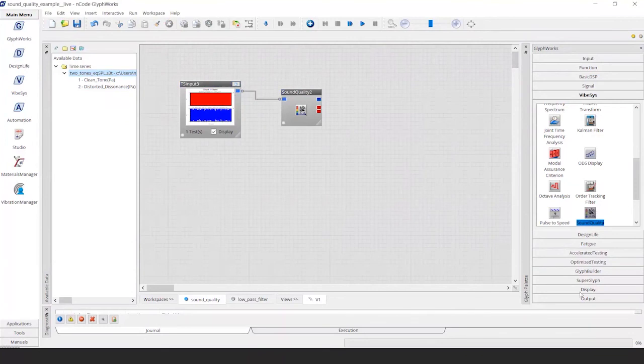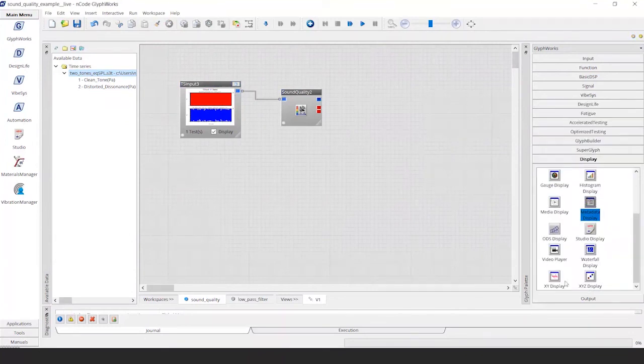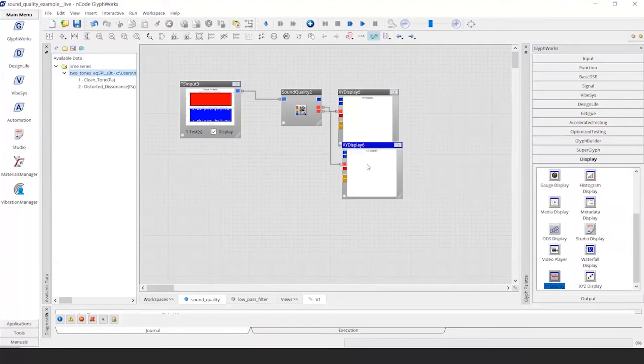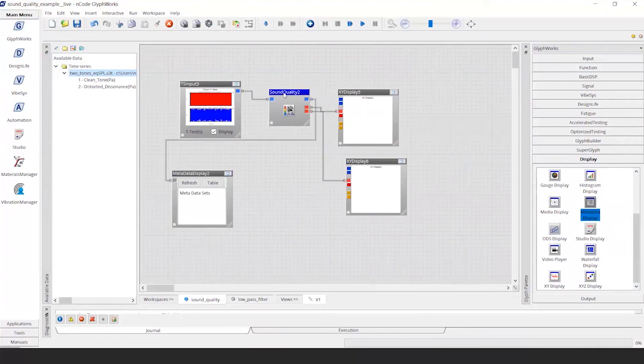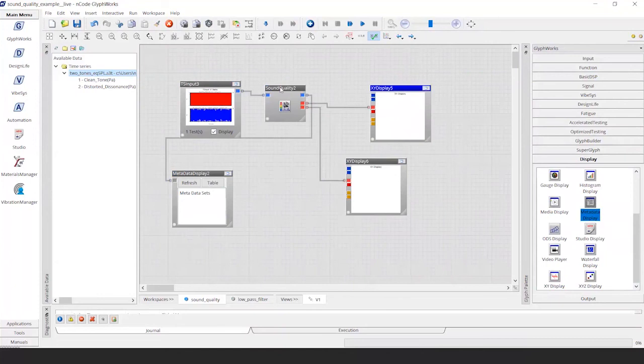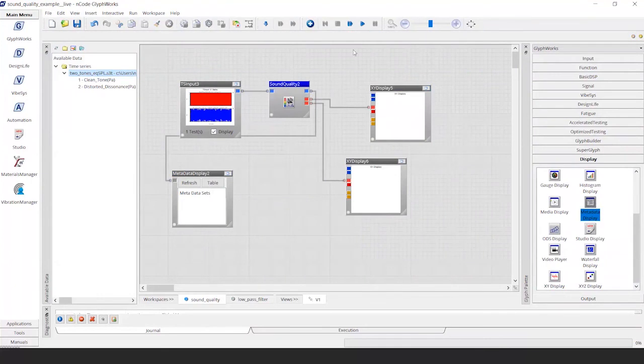We want to display them, so we bring a display glyph, and let's bring another one, that one on top here. And that's it. I've built up a process for analyzing my data with just a couple of drag and drops and connections, and I'm ready to launch and run the process.